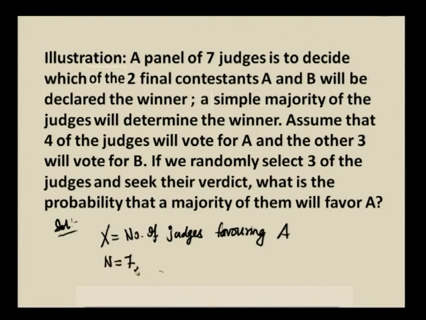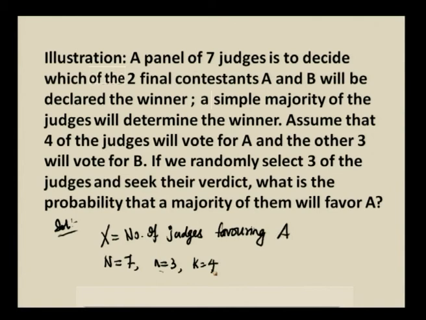How many judges are selected at random? 3 judges, so small n is equal to 3. What is the k value? How many of them will vote for A? 4 of the judges, so k is equal to 4.